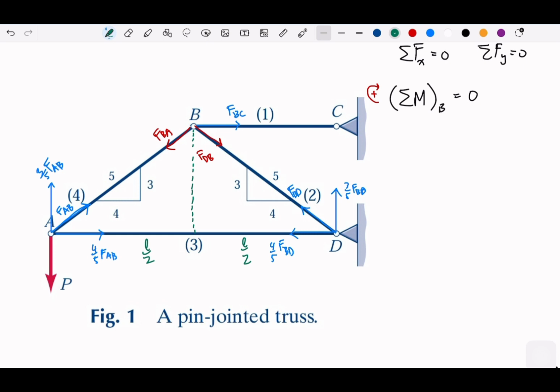So this is 4L. How about I will just write this equal to the ratio, so 4L, this is 3L, 5L. Same thing with here. I think it should be okay if I just write like that. And this one will be equal to 4L, right? I think you could compute based on the force and distance.